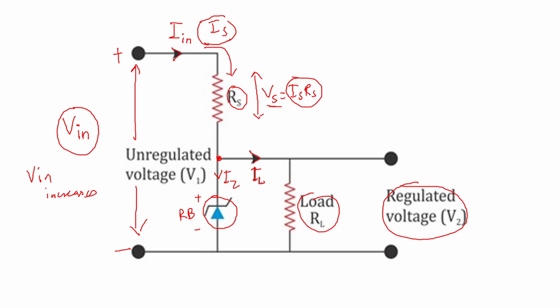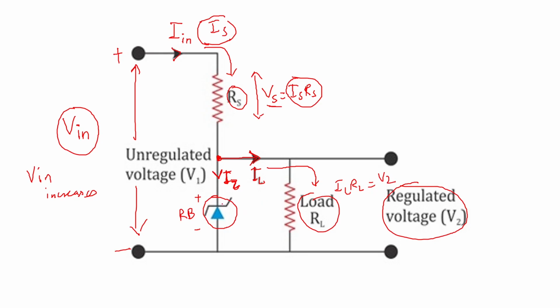Then there is a current IL going to flow here and a current IZ going to flow here. The increased current will be compensated through the Zener diode. IZ will increase and IL will remain constant. So IL into RL, the output voltage you get, will be constant, VZ.